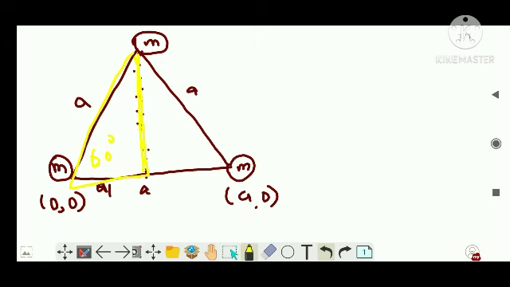Cos 60 or sin 60? It will be sin 60, right? So it will be a sin 60 here, right? So a sin 60 is root 3 a by 2. If you don't know, write that down somewhere, that the height of an equilateral triangle is root 3 by 2 a, where a is the side of the triangle, right?